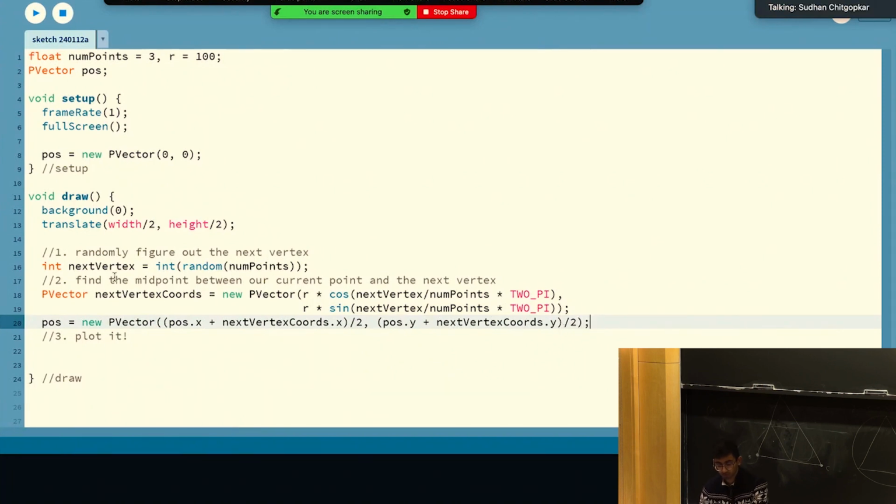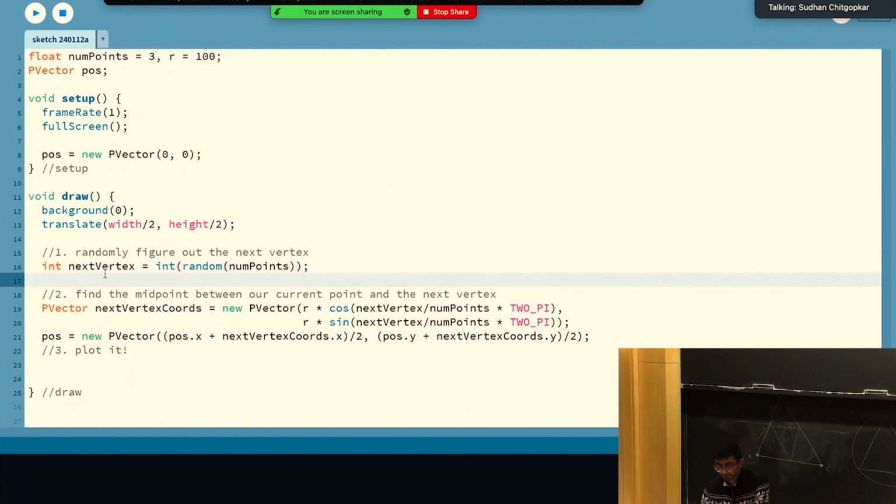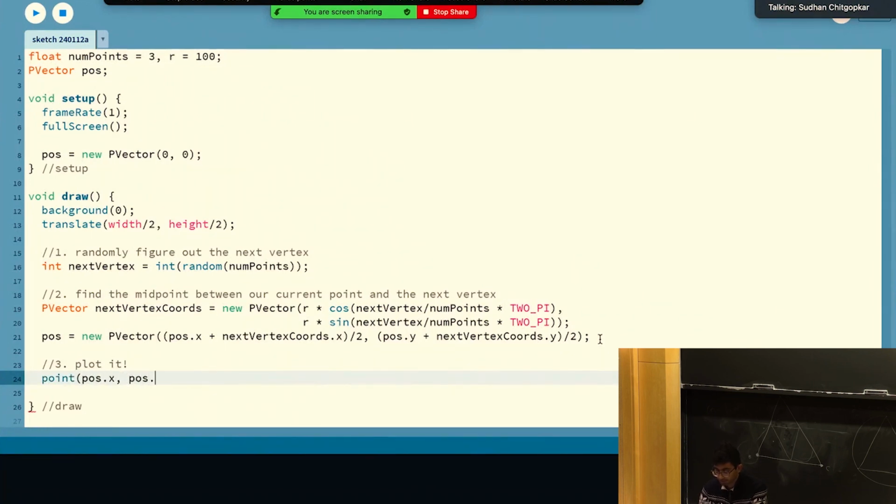And so that should be our new position. And so we're done with step 2 here. Finally, step 3 is just going to be to plot this thing. So we can just go ahead and plot a point at positions x and the positions y.